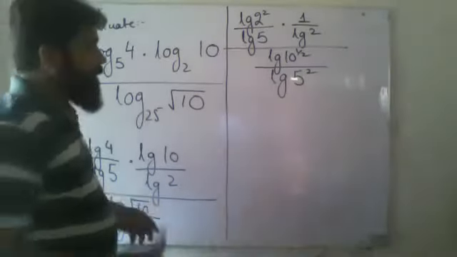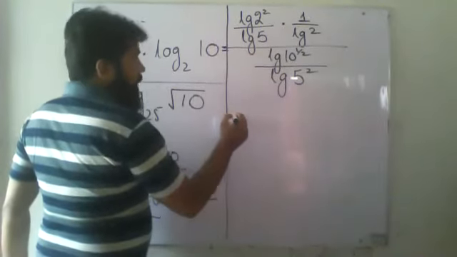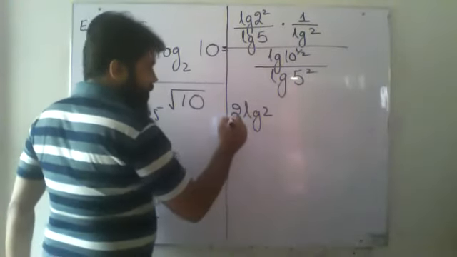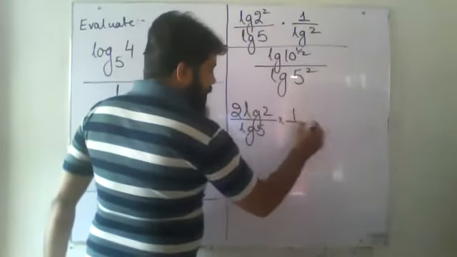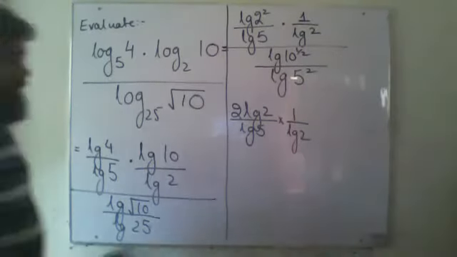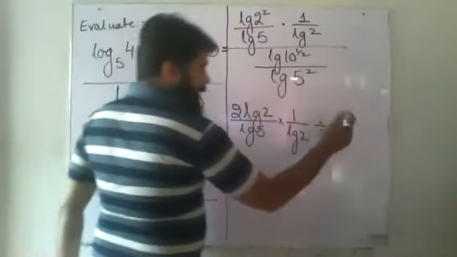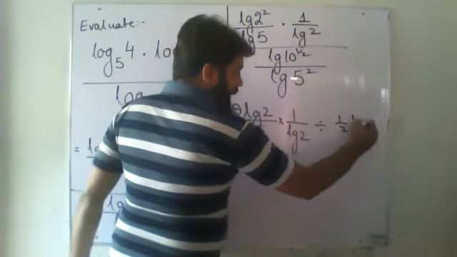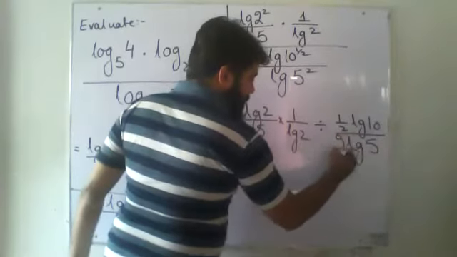Now, simplifying it, this 2 will be written before log: 2 lg 2 over lg 5, multiplied by 1 over lg 2, divided by, now I'm not writing it as a denominator, I'm writing it over here, the half power written before log: lg 10 over lg this.